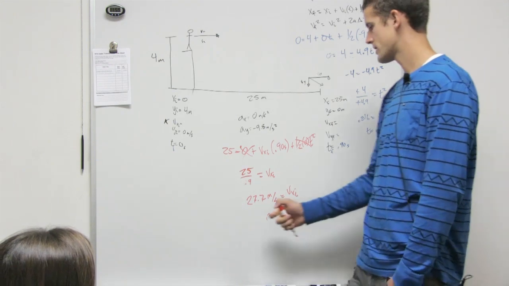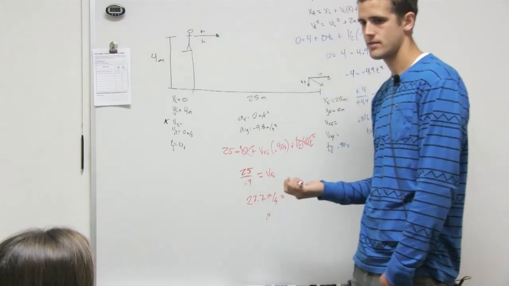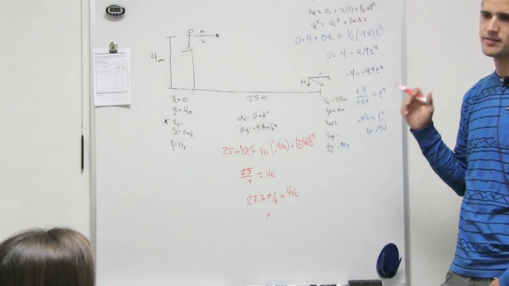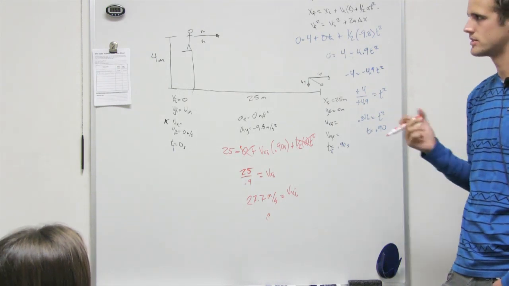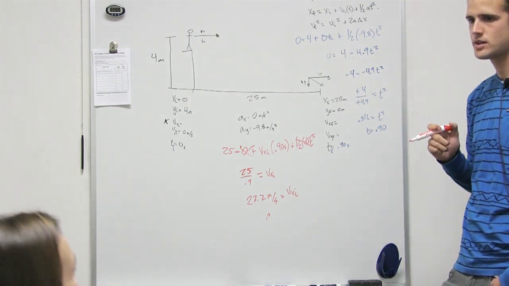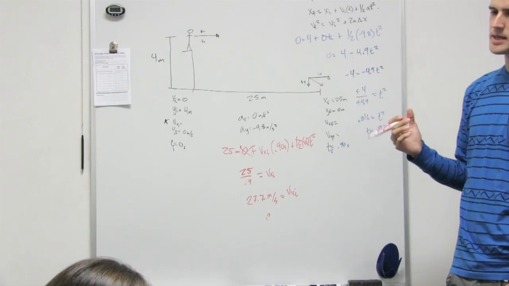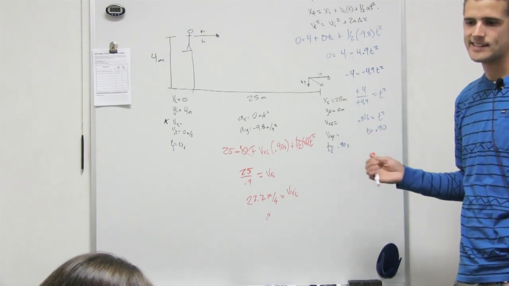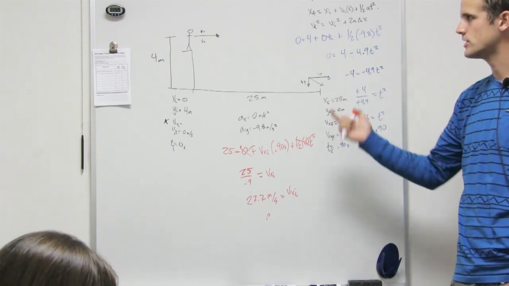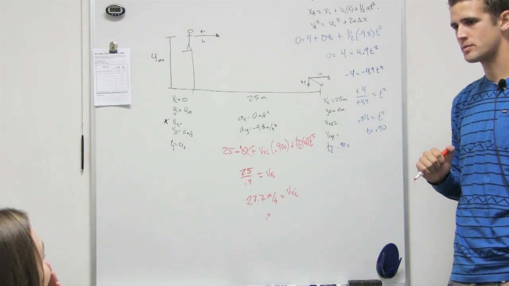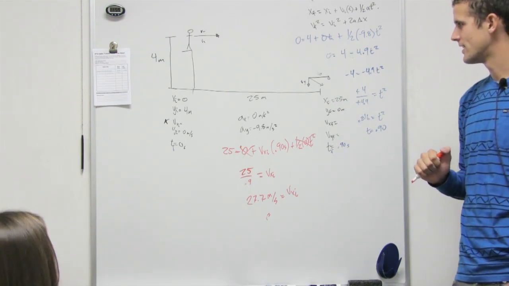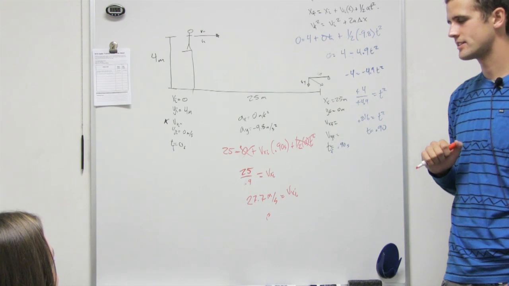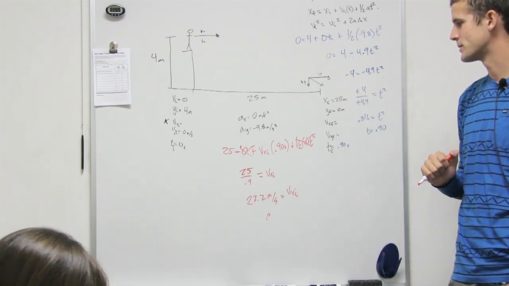So if you multiply this by 2, it's about 55. So this guy is pitching at 55 miles an hour, which totally makes sense, right? Yeah, it's totally reasonable. Major League Baseball players would pitch at like 90, 95. So your friend is no Major League Baseball pitcher.